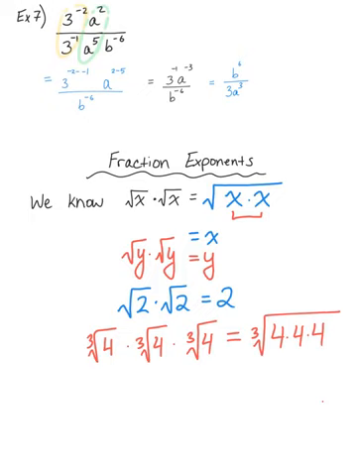Well, cube root means I'm looking for a group of 3. Here they are, so this just simplifies to 4. So in a square root, we are looking for groups of 2, like that. But in a cube root, we're looking for groups of 3. So if the inside is the same, then you can just right away go ahead and simplify it.